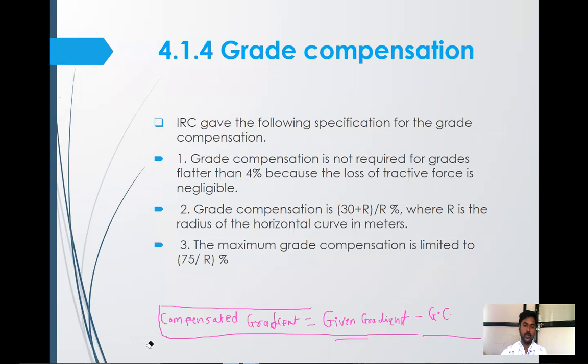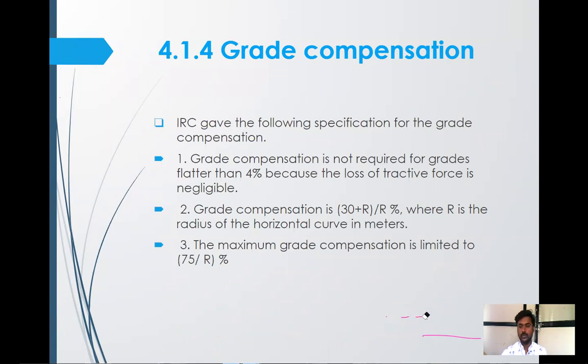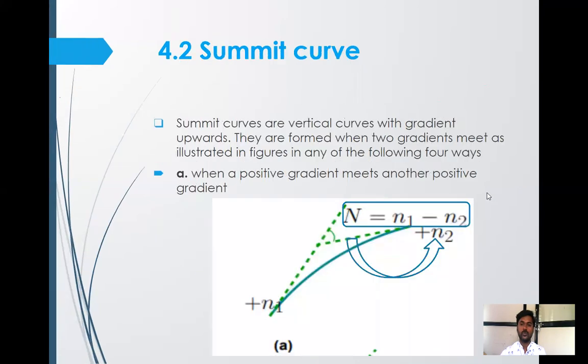Compensated gradient is equal to given gradient minus grade compensation. Okay. So this is how we calculate the compensated gradient. These are very important formulae regarding the grade compensation that we must know.